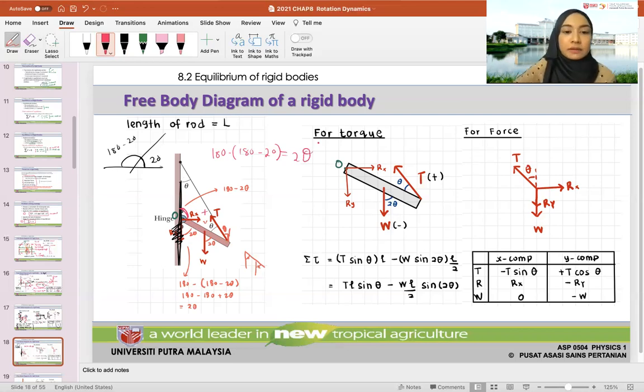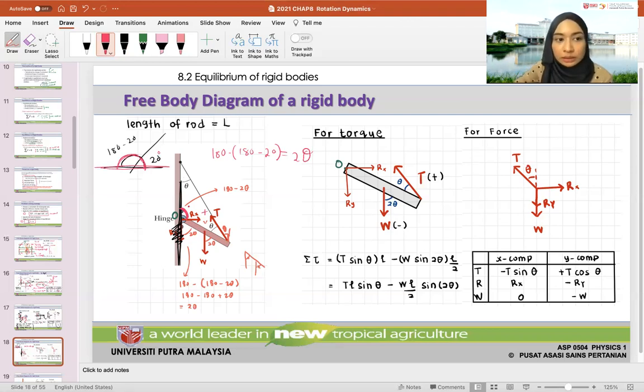Okay, let me repeat myself here. We know that this angle is 180 minus 20. How do we know that? Because when we have a straight line, and we know that this part is 20 degrees, this other part is going to be 180 minus 20.